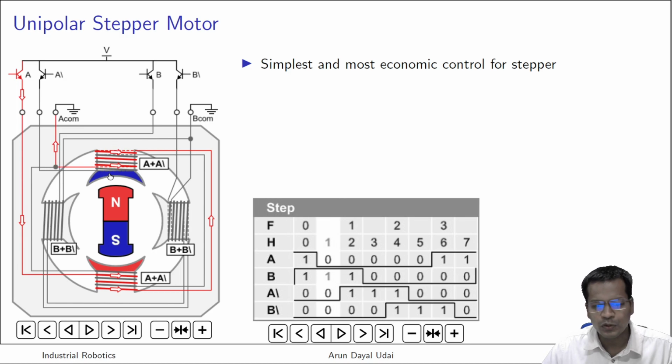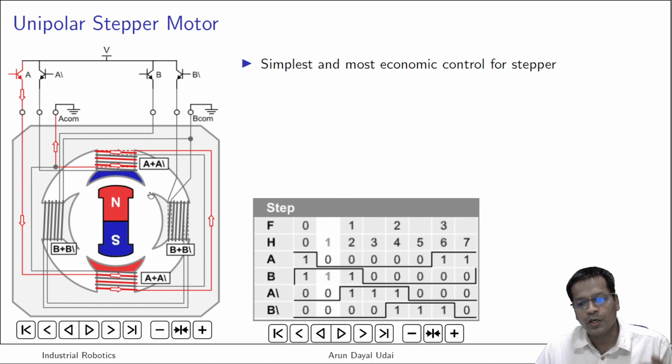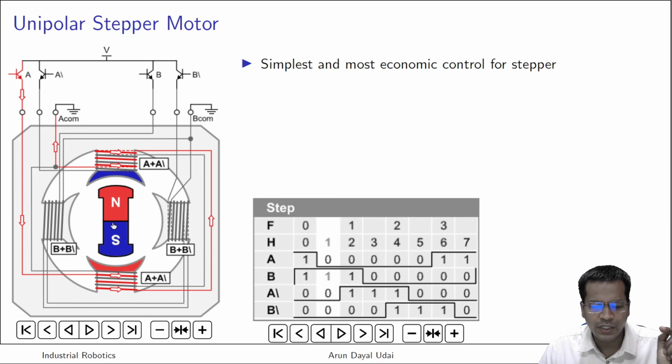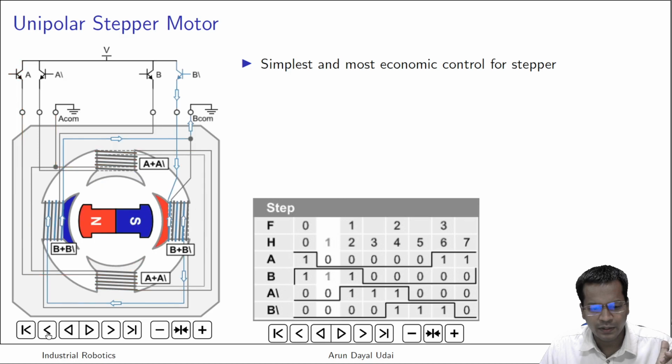So the number of steps increases by 2 times over the number of poles. This type of running is more precise. It can run in smaller steps, but they don't have uniform torque. In one state you have 2 poles pulling the armature, in the other state you have just one of them pulling. Is it not?